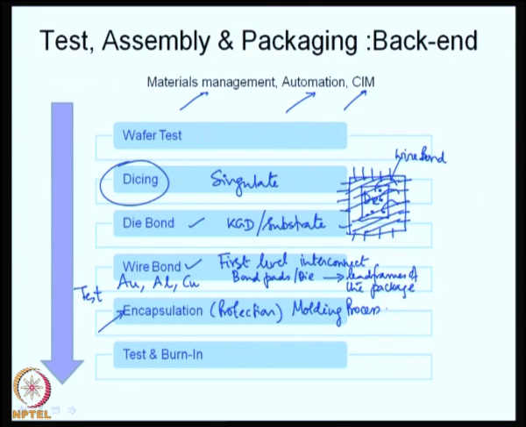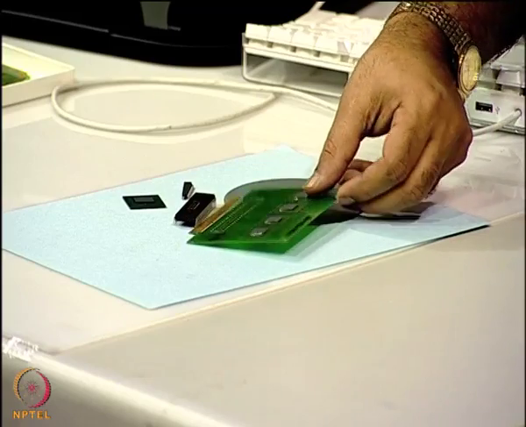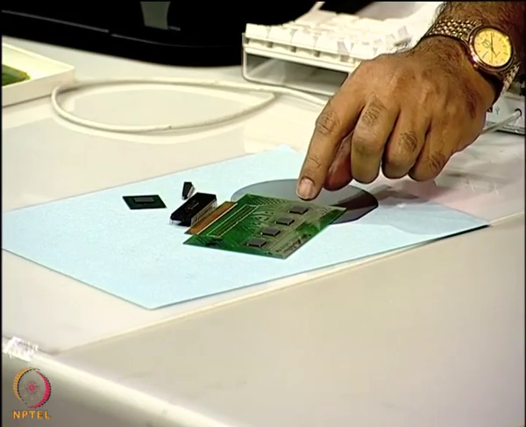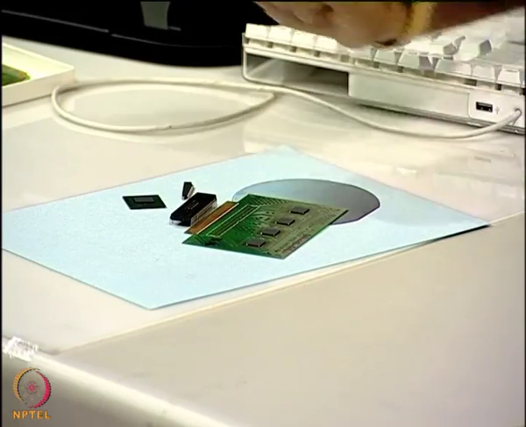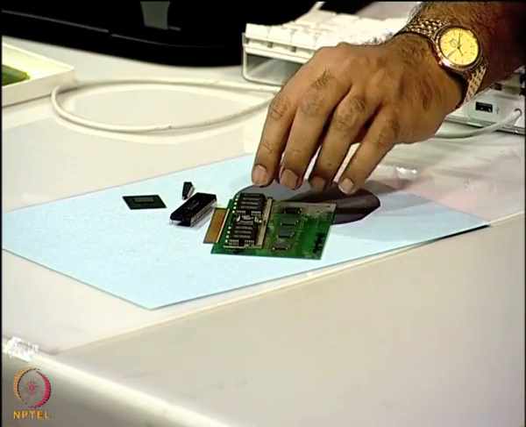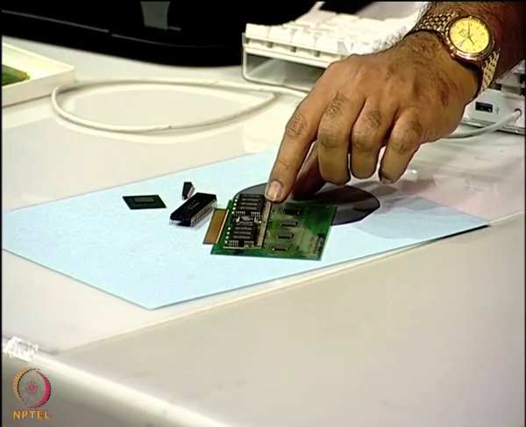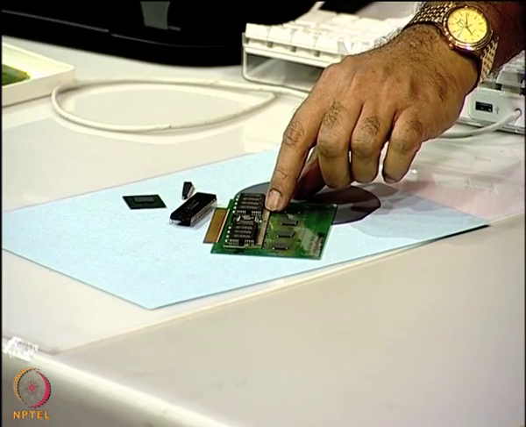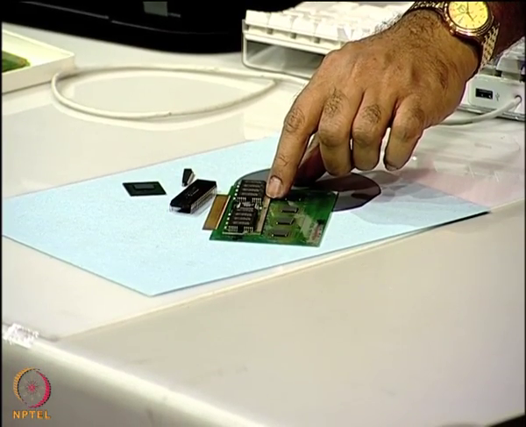The second level interconnect is when, in this example, the die, in this case an unpackaged die, and in this example which I place closely, a packaged die, is interconnected onto the printed wiring board, which is the second level packaging.